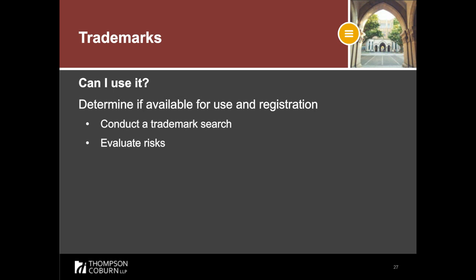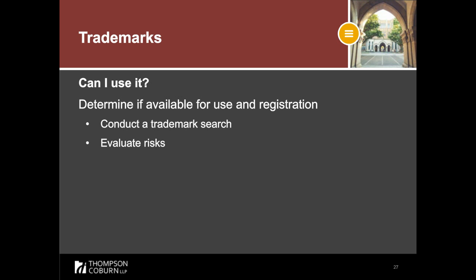So if you're looking at doing it for educational services and somebody else has used or registered that mark for car parts, that may be irrelevant to your use. They're in different channels of trade, there are different consumers of interest, and they're for different purposes. Those types of factors can all come into play when you're determining whether the risk is high enough that you need to move on to a different mark.